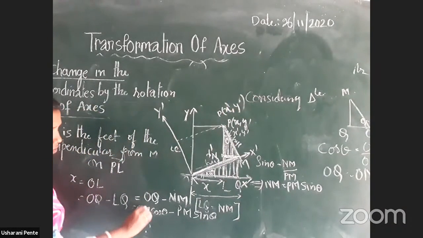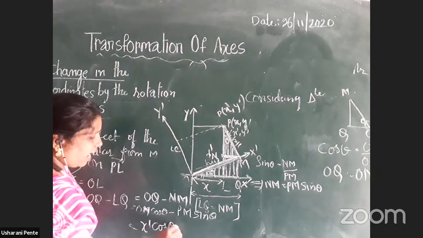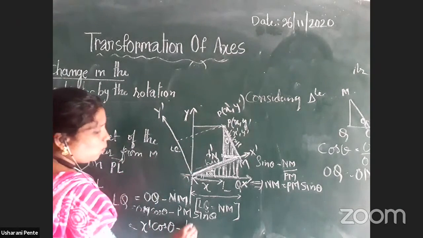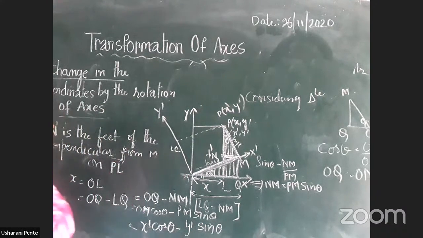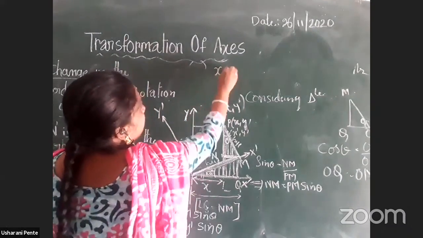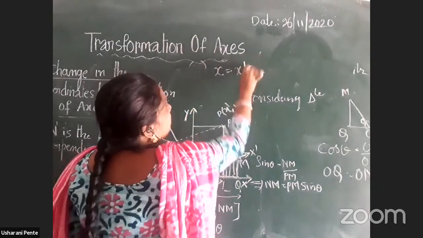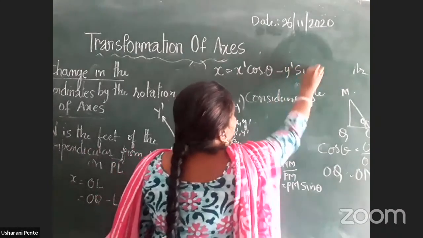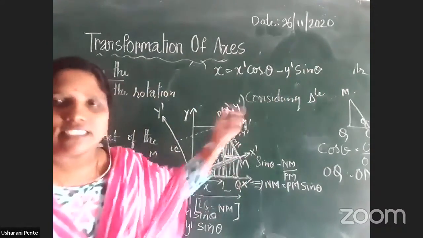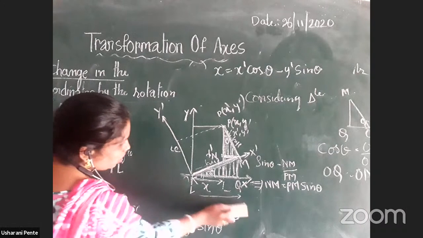In place of OM, I am substituting X dash cos theta, and in place of PM, Y dash sin theta. Therefore, the x coordinate of the original system can be found out by x dash cos theta minus y dash sin theta.